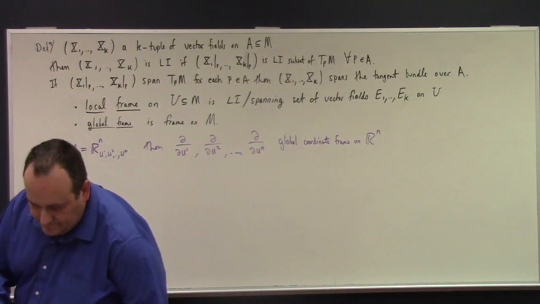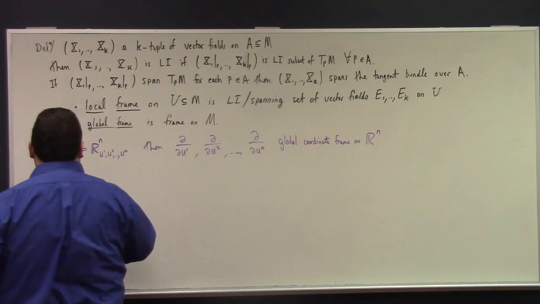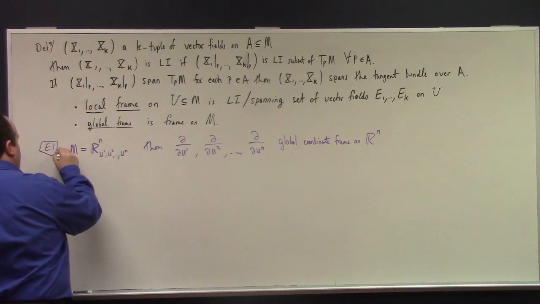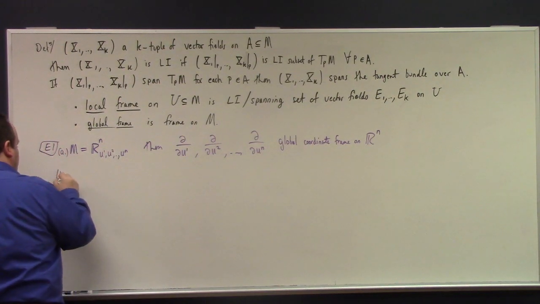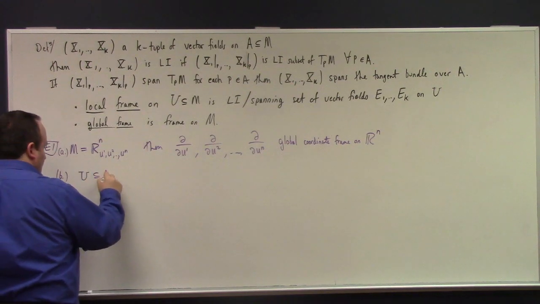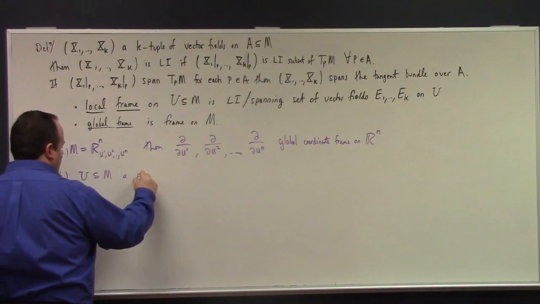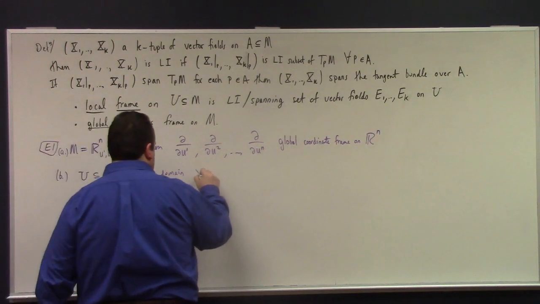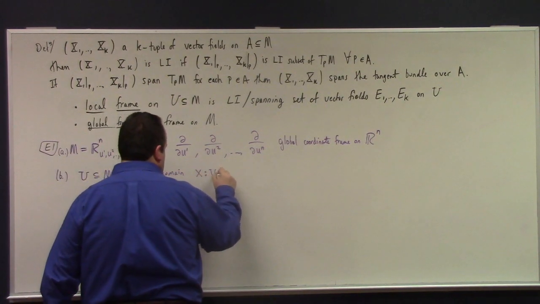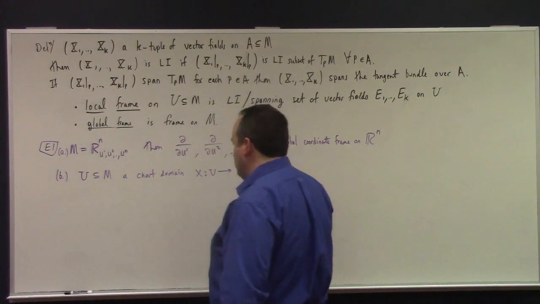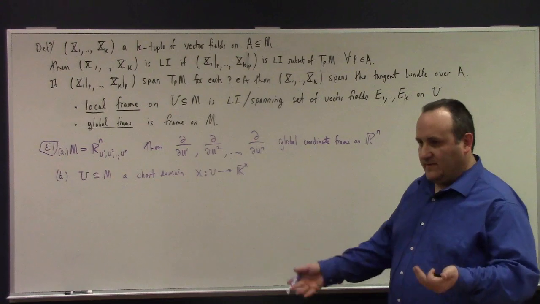So that would be, let me call that example A. Example B, if you have U a subset of M, a chart domain, so we have x, a map from U to Rn, so the chart is x.